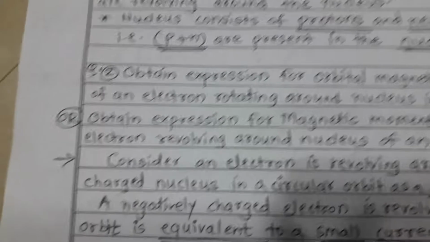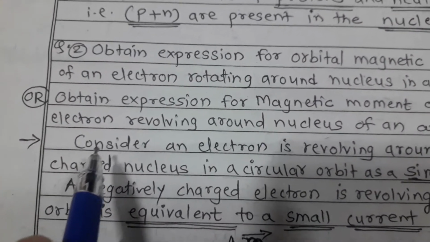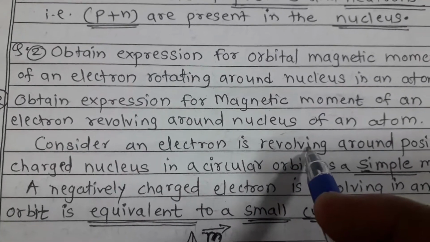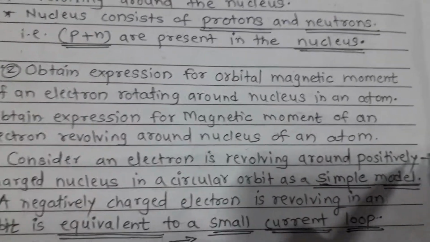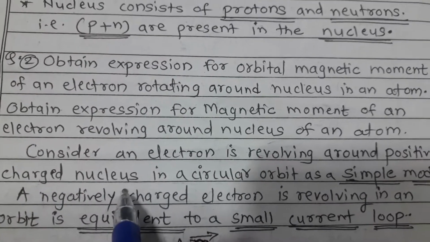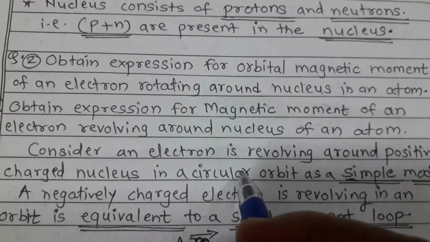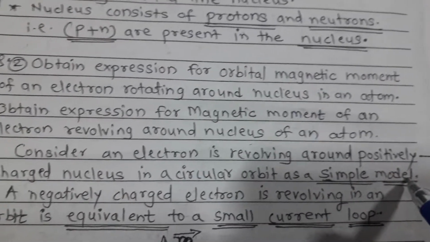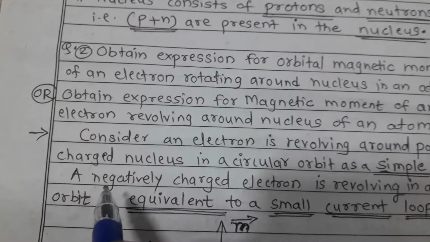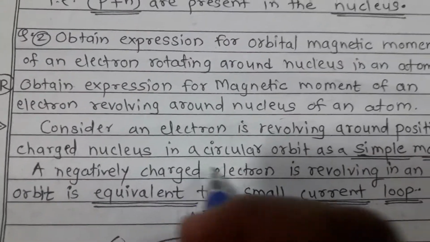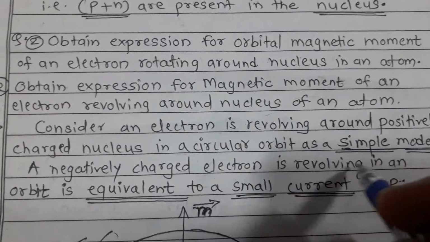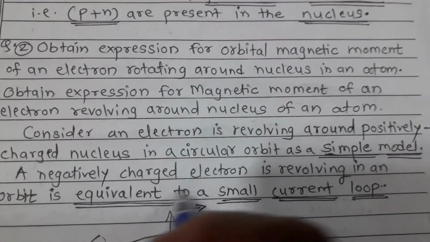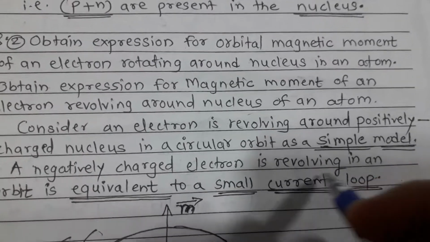See here, consider an electron is revolving around positively charged nucleus in a circular orbit as a simple model. A negatively charged electron revolving in an orbit is equivalent to a small current loop.